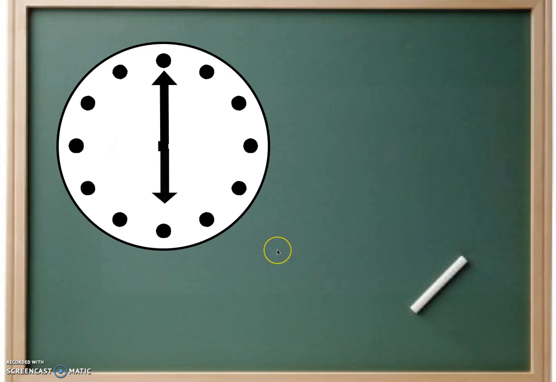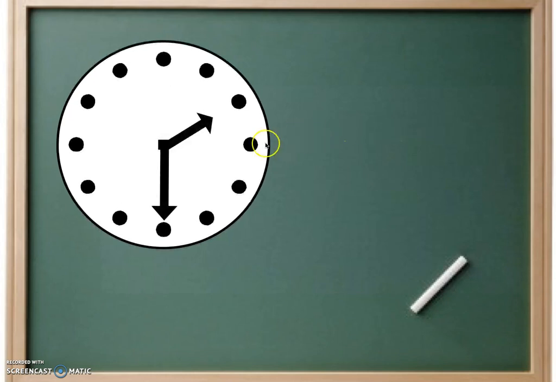The next one. My hour here is 6. My minutes is 0. How would I say it is 6 o'clock? I'm going to say sono le. How do we say 6? Sei. Sono le 6. It is 6 o'clock.